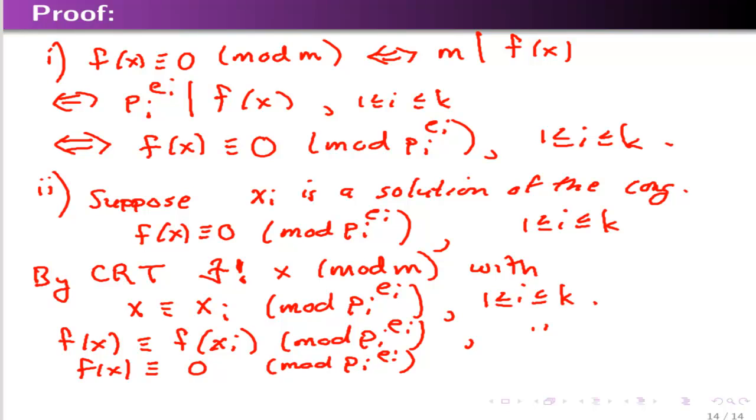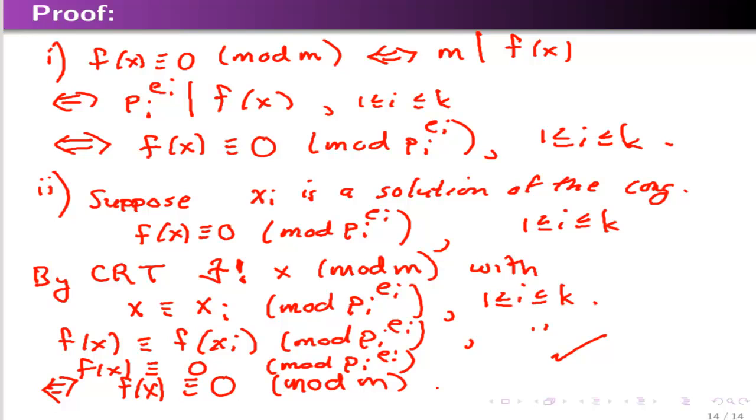Bingo. So anytime you give me a k-tuple of solutions of these congruences modulo the different prime powers, I come up with a unique value of x mod m satisfying this condition here, which is equivalent to saying that f of x is congruent to 0 mod m.